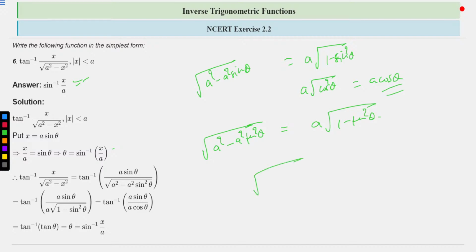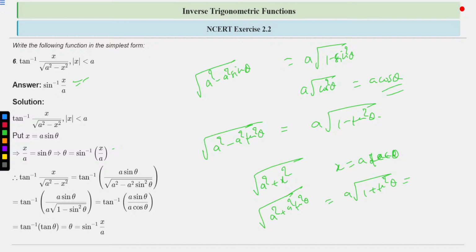See, if it had been a square plus x square, then we can take x is equal to a tan theta, basically. Clear? If we had taken x as a tan theta, then it will become a square plus a square tan square theta, which is a square times 1 plus tan square theta.